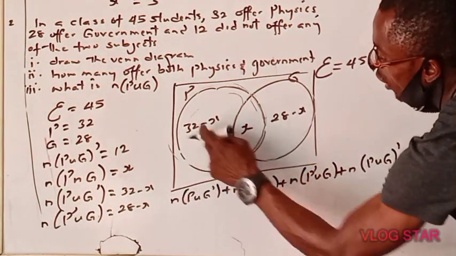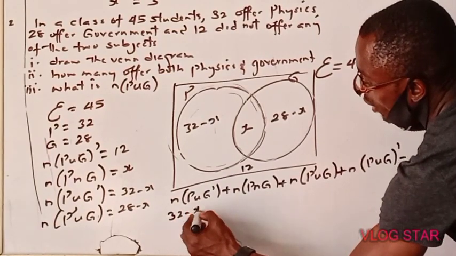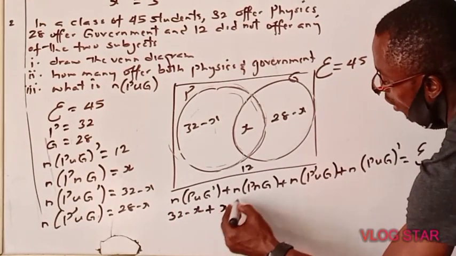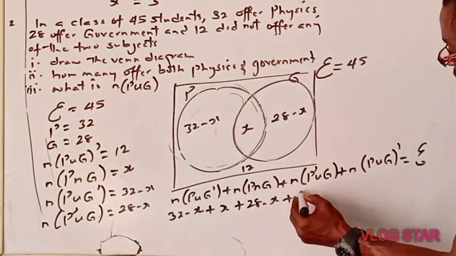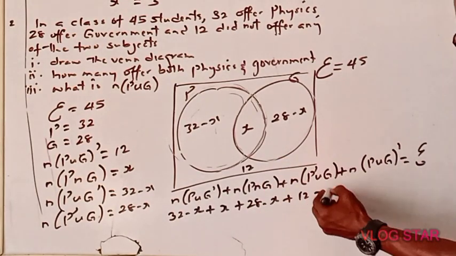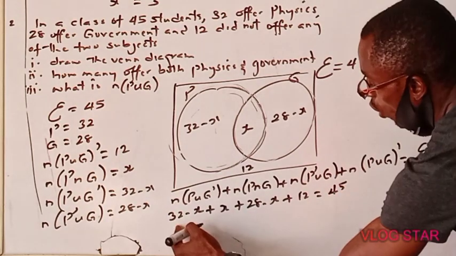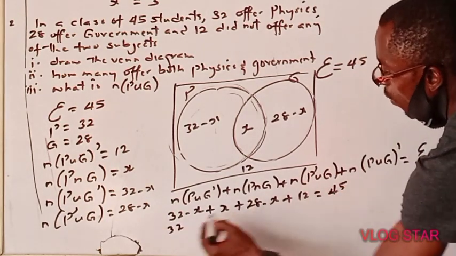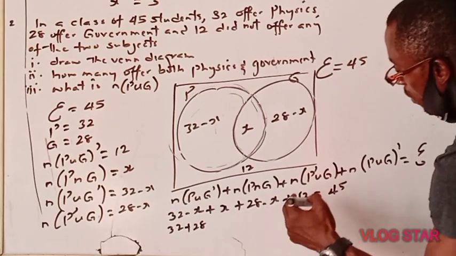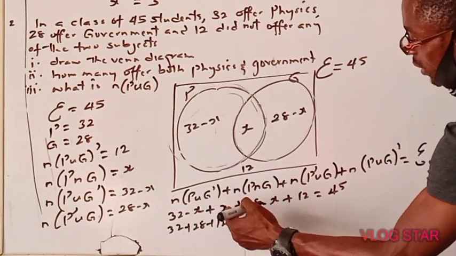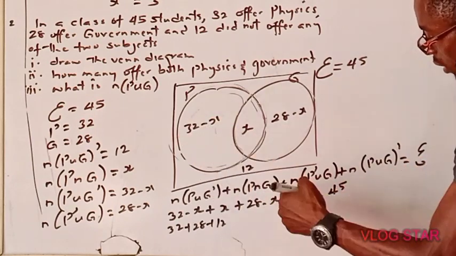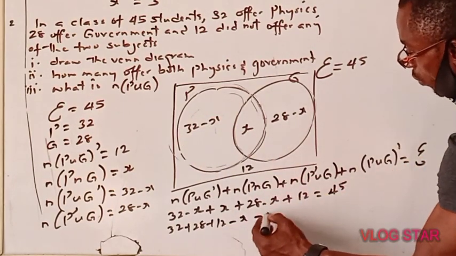So you put them down: 32 minus x plus x plus 28 minus x plus 12 equals 45. So 32 plus 28 plus 12, then minus x plus x goes, then minus x equals 45.